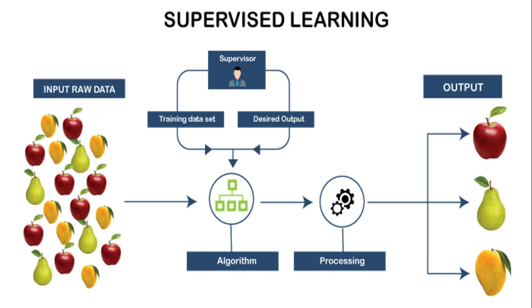It is processing that kind of input data, the raw data of fruits. After that, it will produce the desired output. You have three main categories of fruit: mango, avocado, apple.